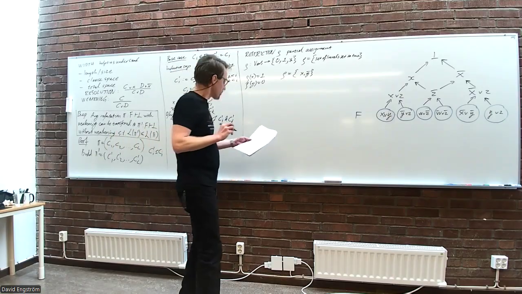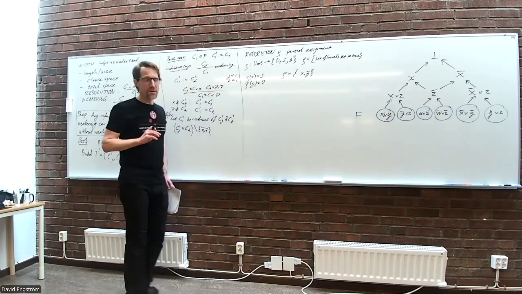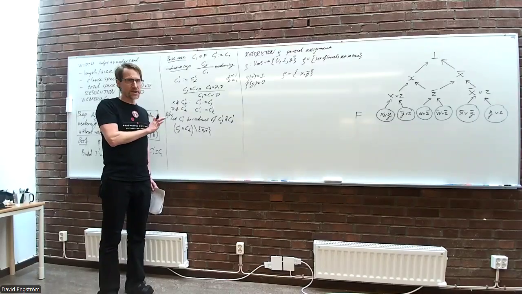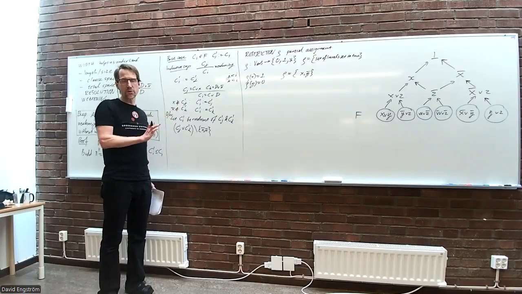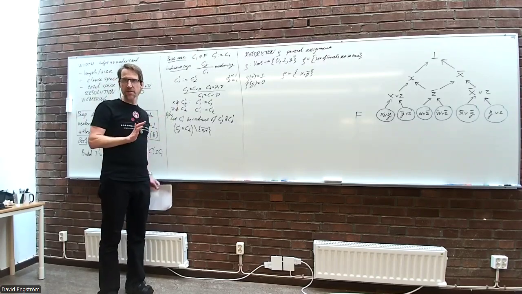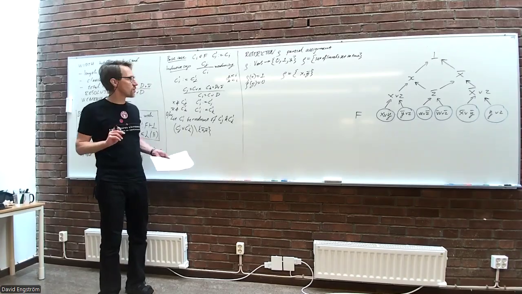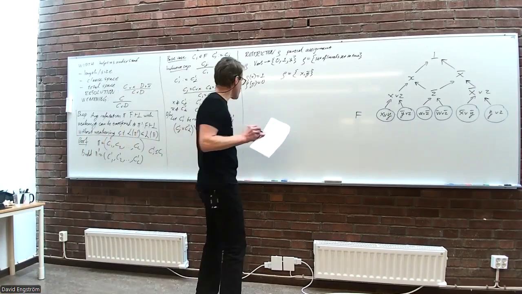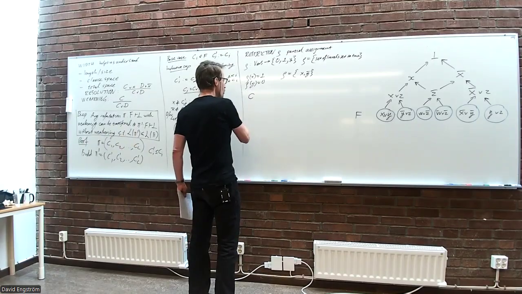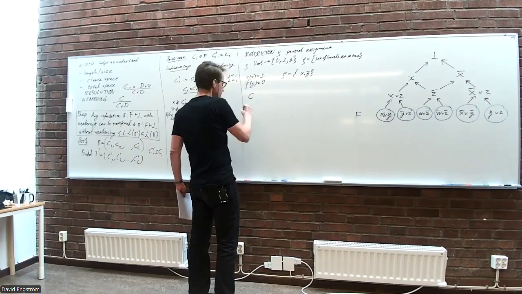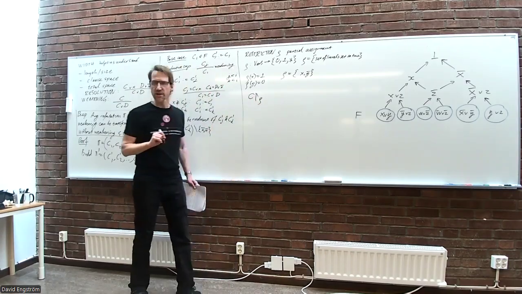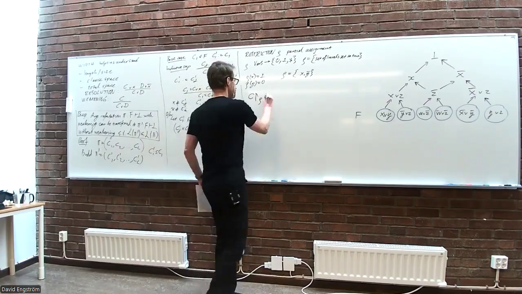Okay? So now I want to talk about what happens. When we did the interpolation proof, we already looked at resolution derivations and we applied restrictions to them, except I didn't tell you what was going on. So let me talk about this more carefully now. For any clause C, here comes the restriction rho, C restricted by rho is the following.